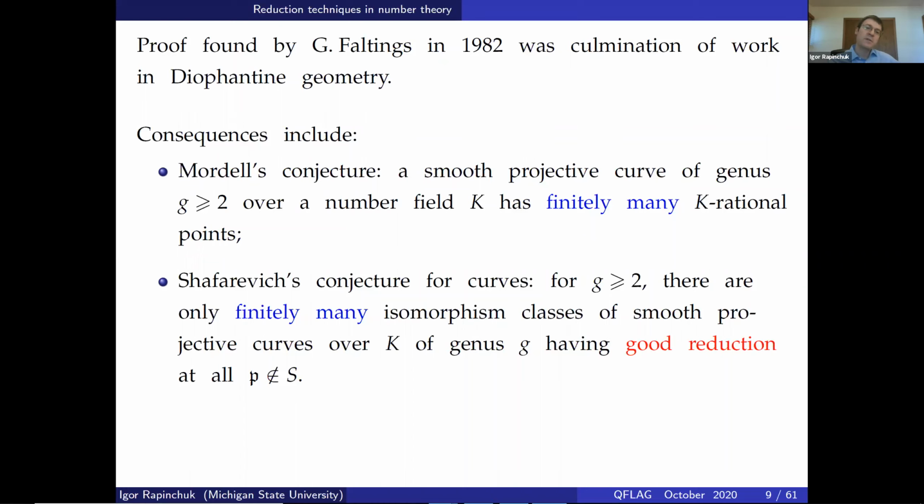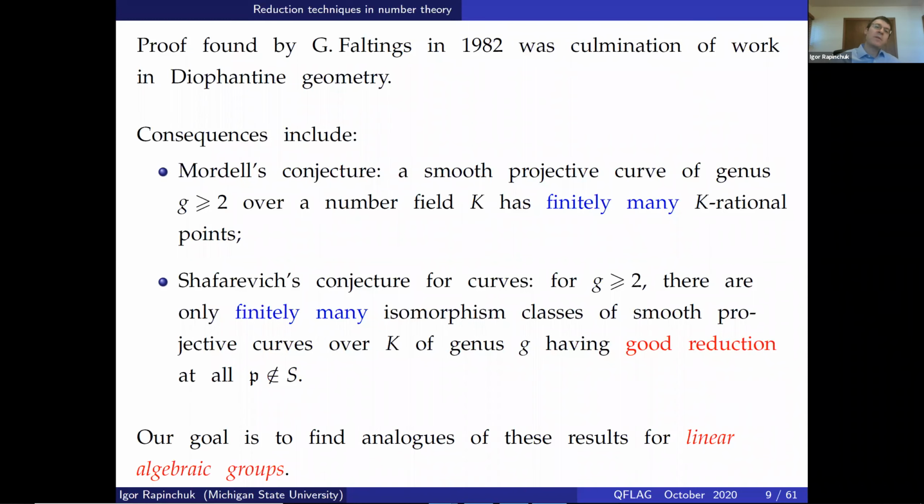And of course, these reduction considerations remain central to many problems in arithmetic geometry up to this day. Now, today, what I'd like to do is, very broadly speaking, talk about work which strives to address some analogous considerations in the context of linear algebraic groups.